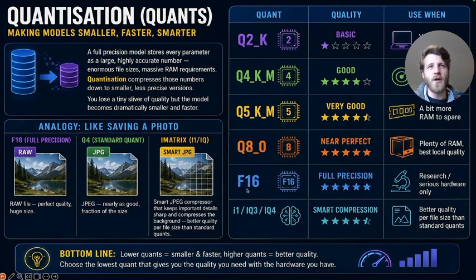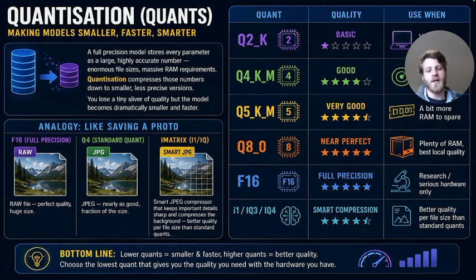It means that we don't need the full F16, full precision large language model file, which would not be likely to run on local machinery, but instead we can compress that large language model down into a Quants 8, a Quants 5, a Quants 4, a Quants 2 compression level to run on local machinery. So the bottom line is lower quants is smaller, faster, higher quants is better quality. Choose the lowest quant compression that gives you the quality you need with the hardware you have.